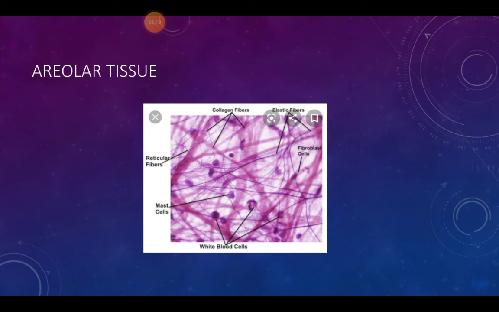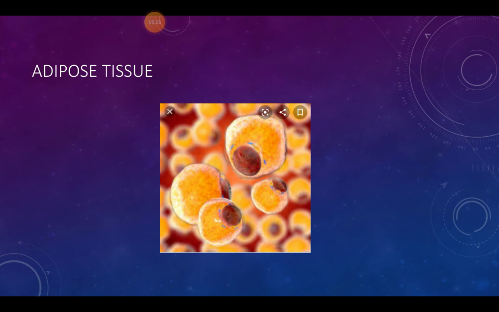Do you know? Two types of fibers are present in areolar tissue: collagen fiber and elastic fiber. They give strength and elasticity to the tissue. Adipose tissue. It is made up of fat cells or adipocytes.